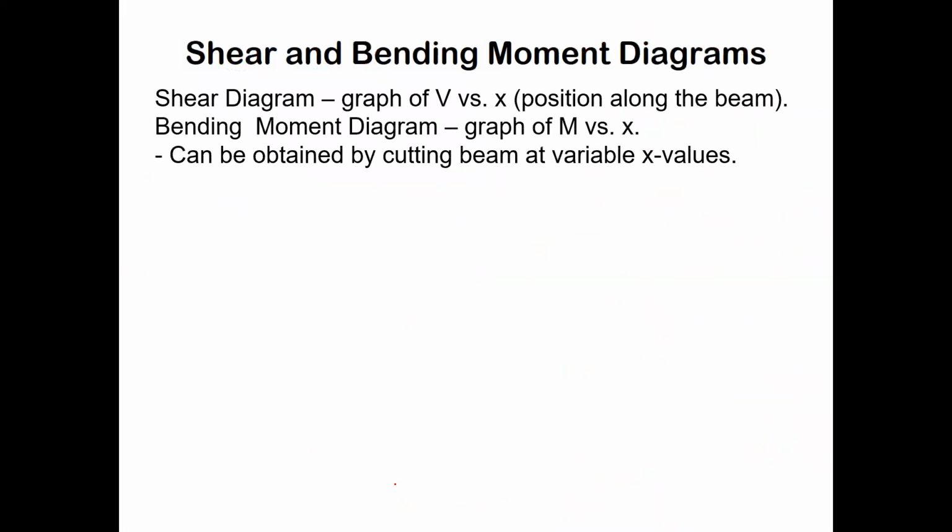And probably the most intuitive way to do it, since we learned how to cut a beam at different points, is that you can cut a beam at different x values.